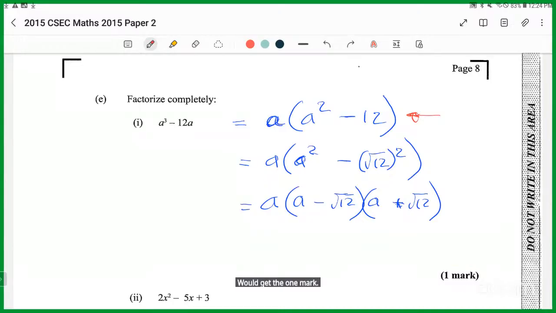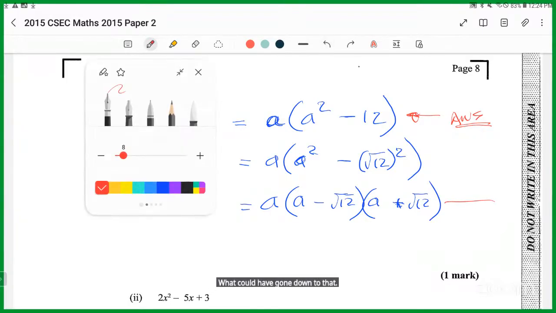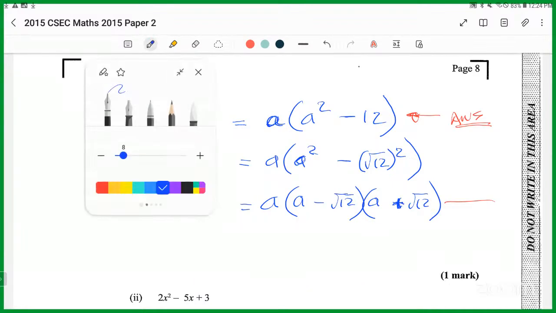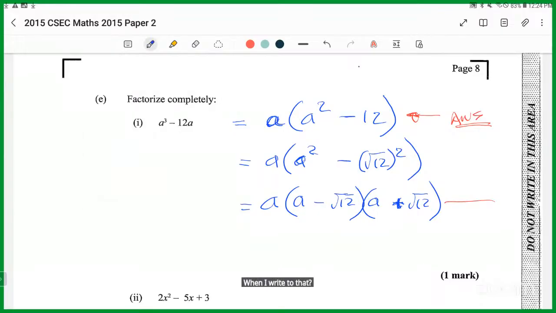It could have gone down that way, using that method. I don't think CSEC wanted it to go this far, but I write it like that. Okay? Yes, sir. Alright.